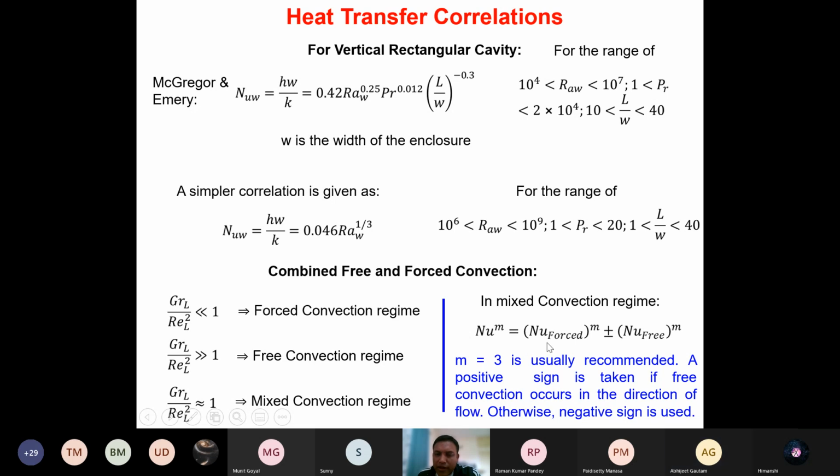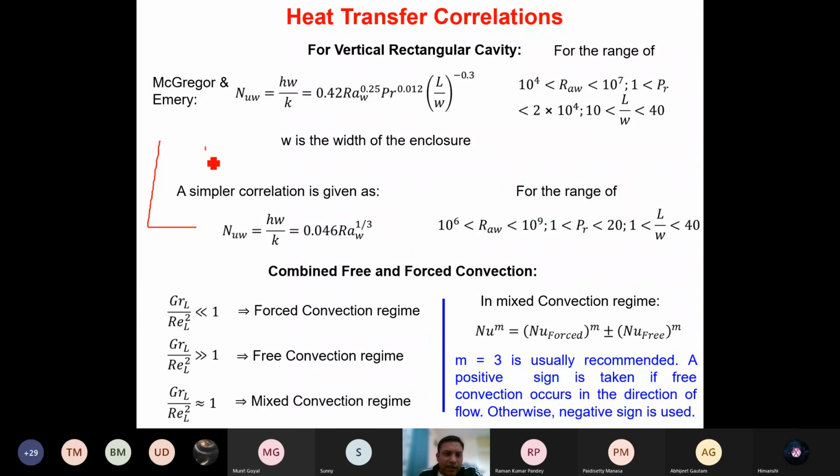So you calculate a Nusselt number from the forced convection correlation and take the cube of that value. Then you have to add or subtract the cube of the free convection value. When to add and when to subtract depends on the direction of the buoyancy force, for instance in the same figure which we drew earlier.